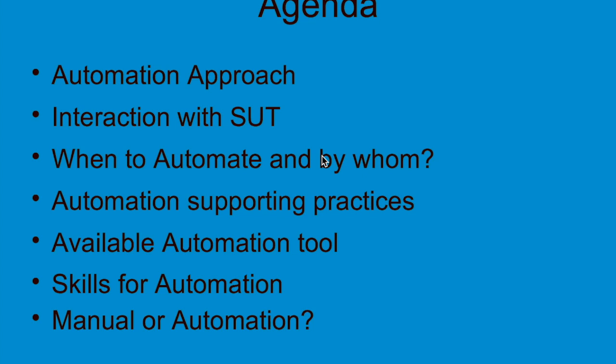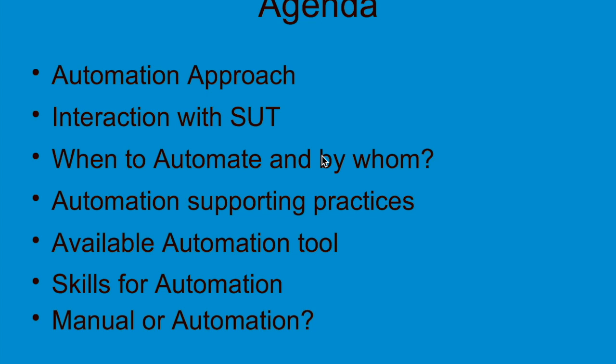We'll talk about the automation approach, different kind of automation approaches, how to interact with the system under testing. When we automate, how do we interact with the system under testing, and when to automate and by whom to automate, who is responsible for automation, and when should we start with automation. Automation supporting practices, different kind of practices that are required for supporting automation.